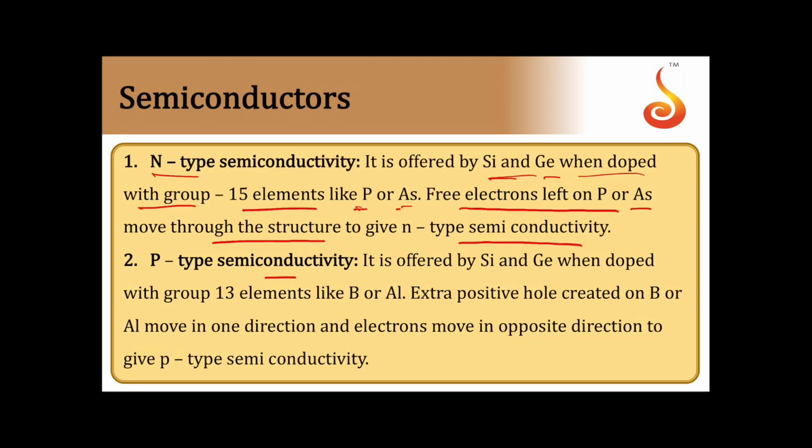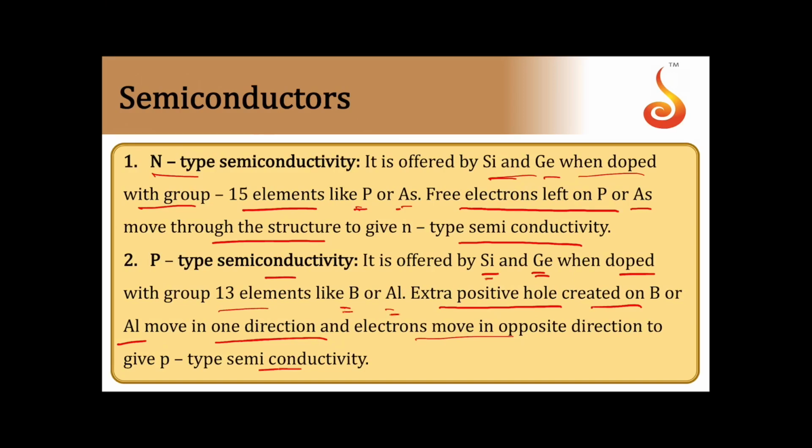Now coming to p-type conductivity: when silicon and germanium are doped with 13th group elements like boron and aluminum, the extra positive hole created on boron or aluminum moves in one direction, whereas electrons move in the opposite direction.